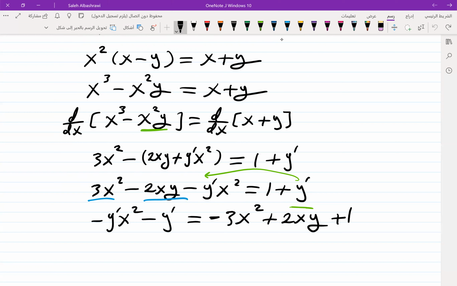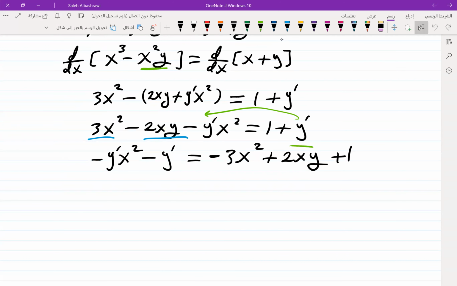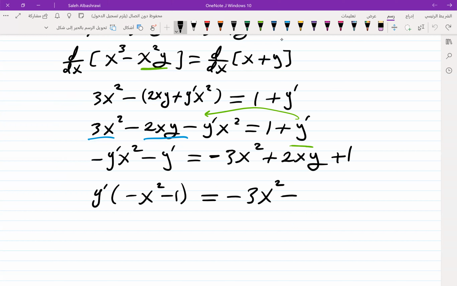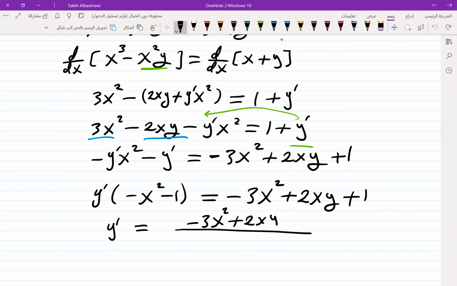Now for the left hand side, take y prime as a common factor. It will be y prime times (minus x squared minus 1) equal to minus 3x squared plus 2xy plus 1. Then y prime will be minus 3x squared plus 2xy plus 1 divided by minus x squared minus 1.